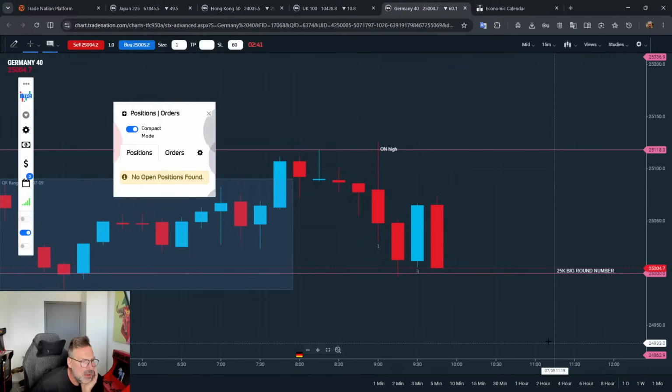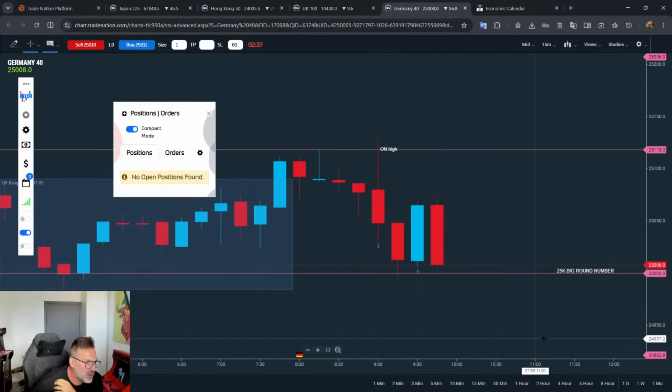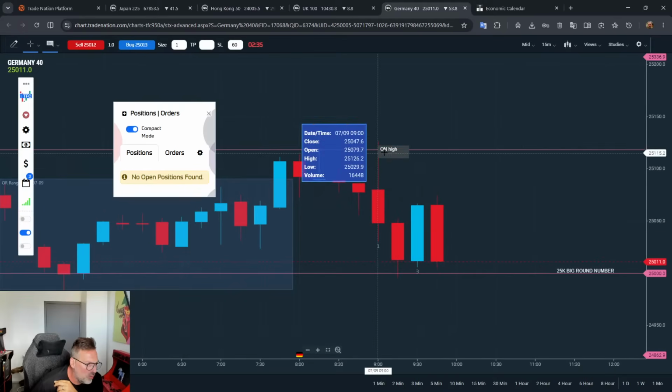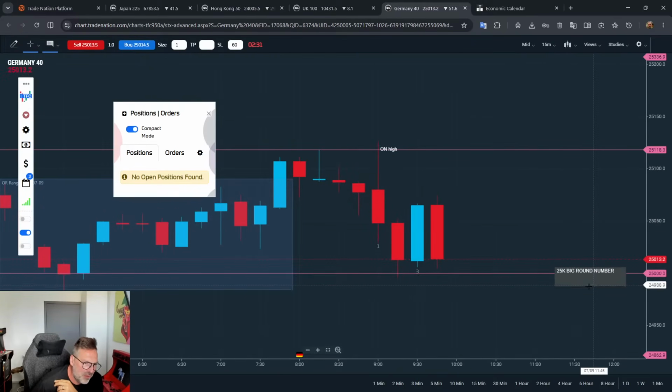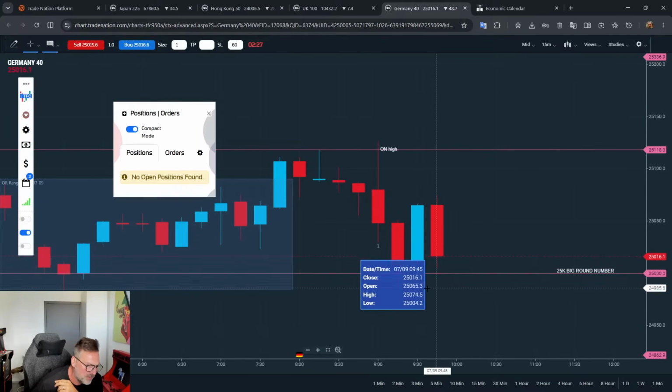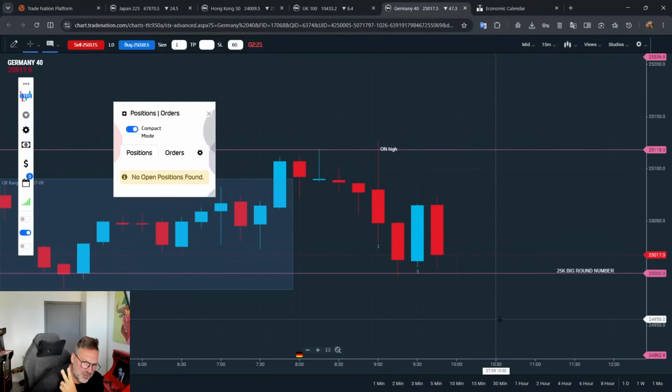The first 45 minutes we were trading below the overnight high, which is this line, and the 25K big round number, which is that line. And I said that I am assuming after 2 consecutive trend days that this might be a range-bound market.